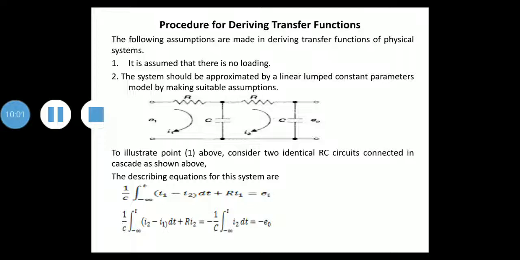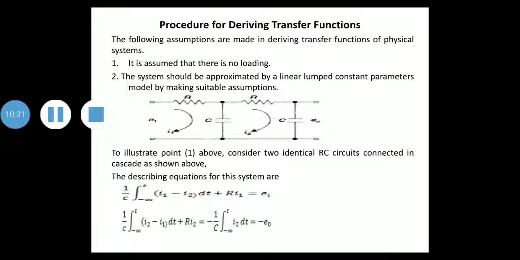We are going to consider two identical RC circuits connected in cascade as shown. What does cascade mean? It means the output from the first circuit is fed as input to the second. Then the describing equations for this system are: 1 by C integration from minus infinity to t of (I1 minus I2) dt plus R I1 is equal to Ei.